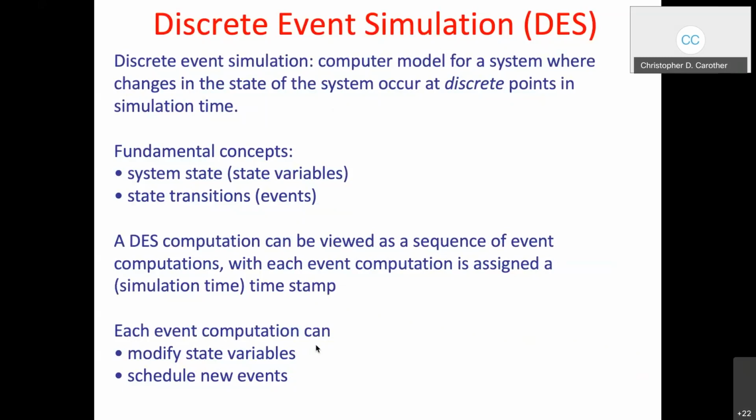Ideally it's unique, but it doesn't necessarily have to be. Each one of these event computations will effectively modify state at a particular point in time, as well as schedule new events into the system. And that's pretty much it at a high level.